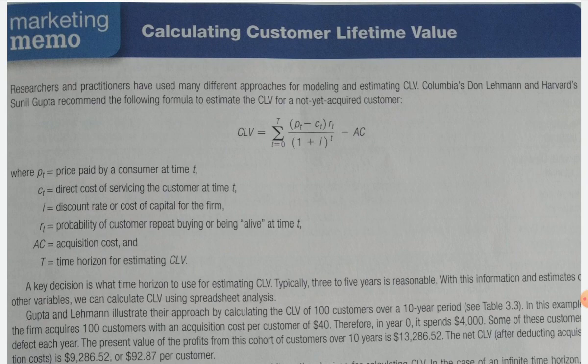Like the direct cost of servicing for soap is going to be very different vis-a-vis the servicing for an airline customer or hotel customer. So in whatever marketing discussion we do and theoretical developments that happen, very often the product category context becomes very important.